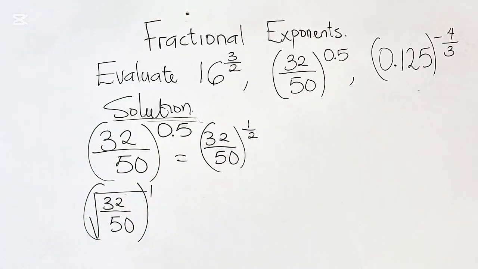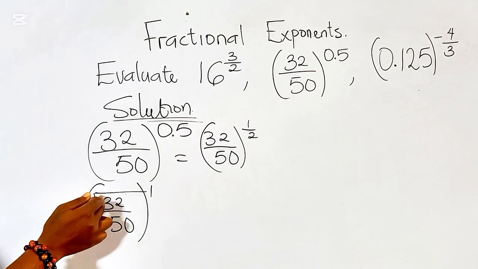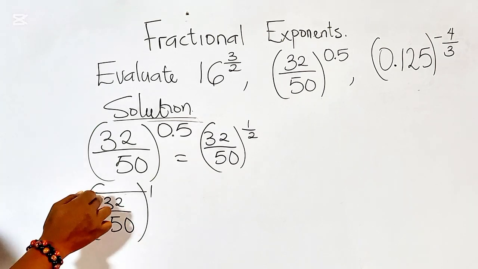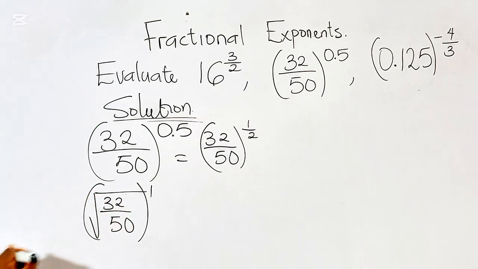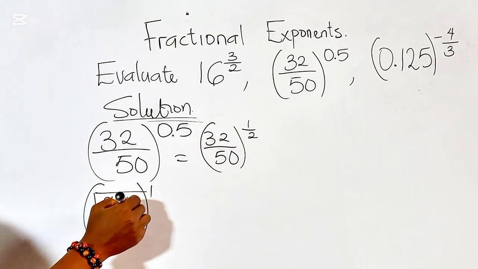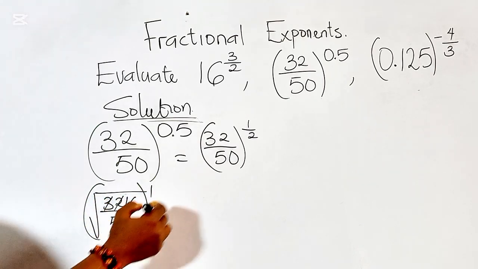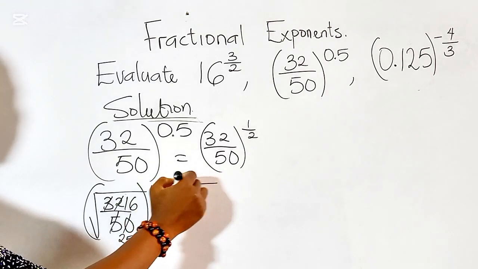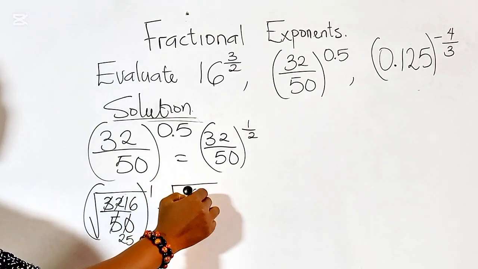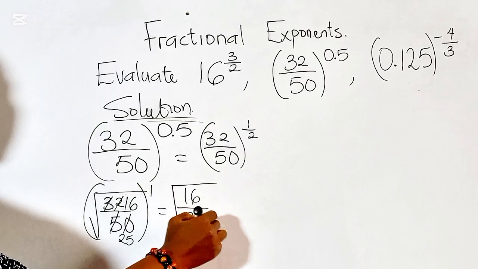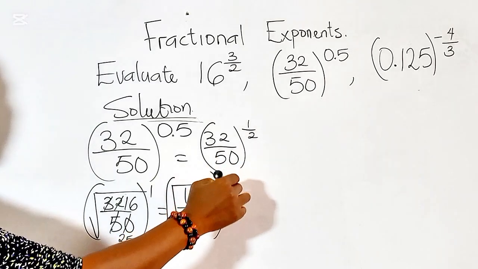So we are going to reduce it to its lowest term by dividing both numerator and denominator by 2. So 2 will go into 32 16 times, into 50 25 times. So we are going to then have the square root of 16 all over 25 raised to the power of 1.